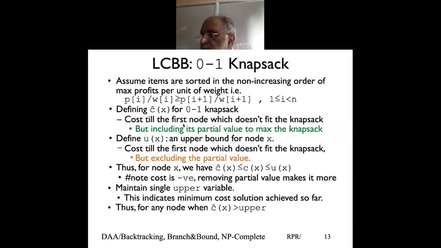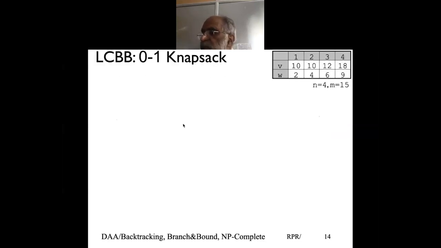So let's look at our example. We have already sorted the items by their profit to weight ratio. Now we start with the root. Our capacity is 15, with 4 items. Root means no item has been chosen yet.